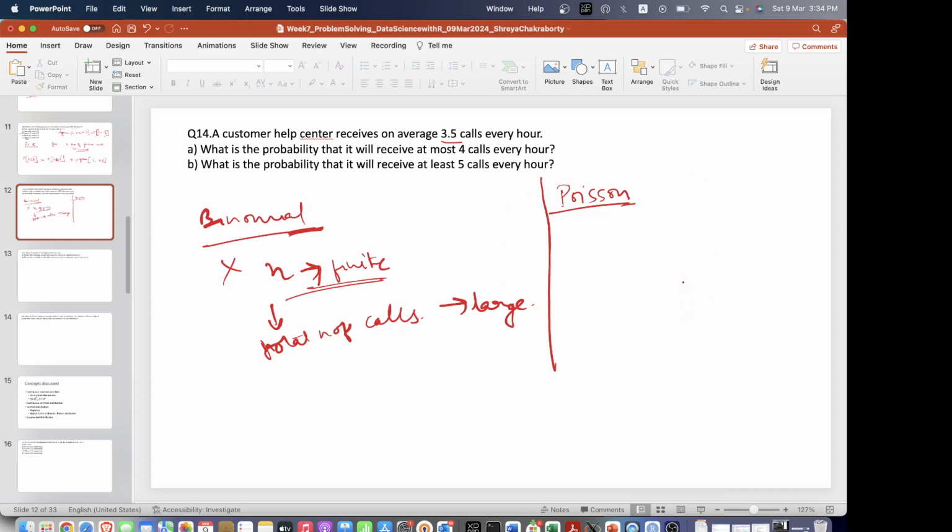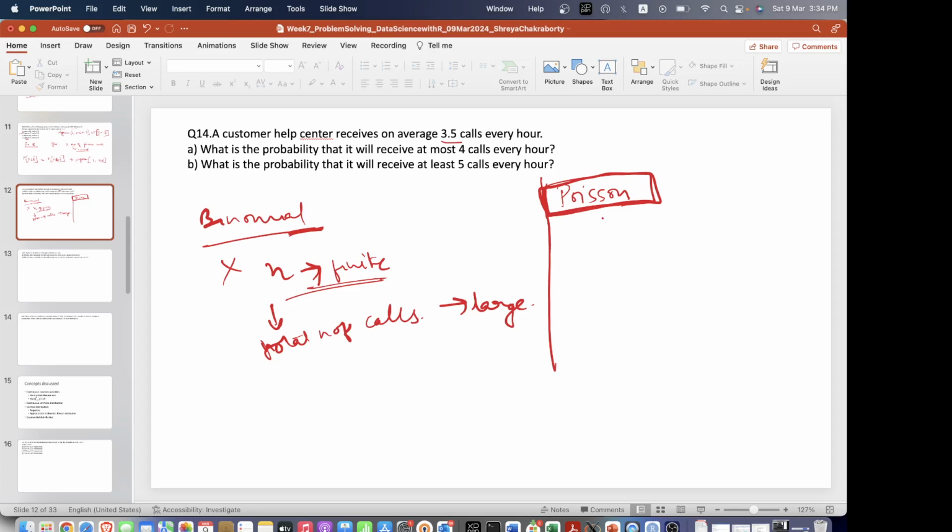And geometric is the number of failures or number of attempts till first success. Here we are not determining how many attempts one person should make before someone receives the call. The question is not like that. So the most appropriate distribution in such scenarios is the Poisson distribution.